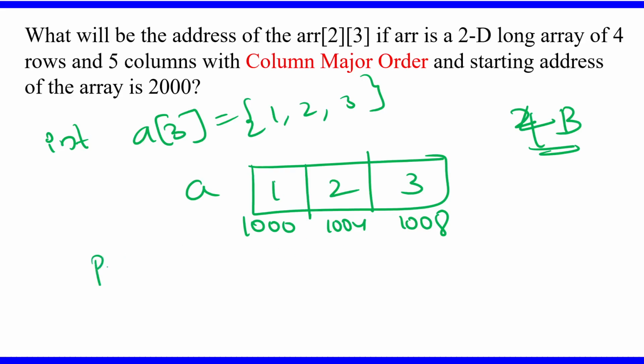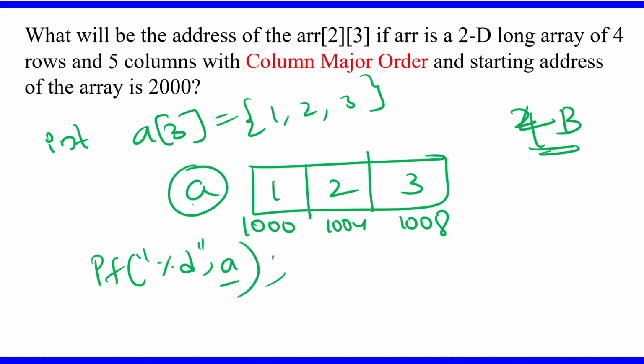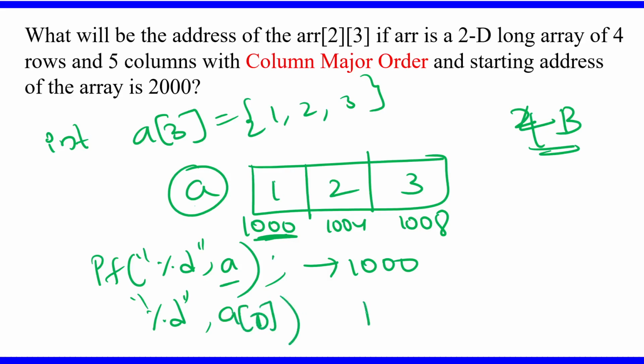Now, when I write printf %d comma a, a is the name of the array. When you are giving the name of the array, it will print the base address. So the output will be 1000. If you are writing printf %d comma a of 0, then it is 1.